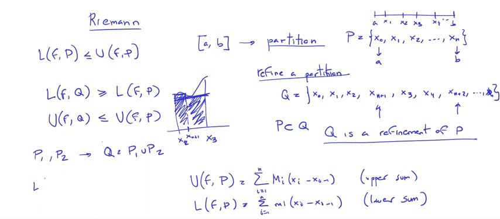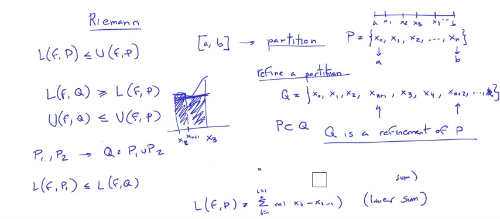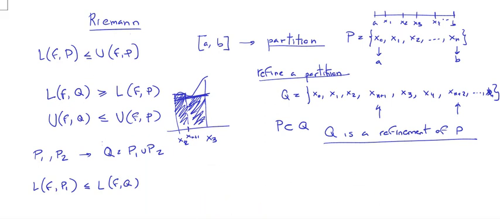So we have that the lower sum of P1 is going to be smaller than the lower sum of Q, because this is a refinement, and this is going to be smaller than the upper sum at the same partition, because that's by definition, and then this is going to be smaller than the upper sum for P2, for instance.